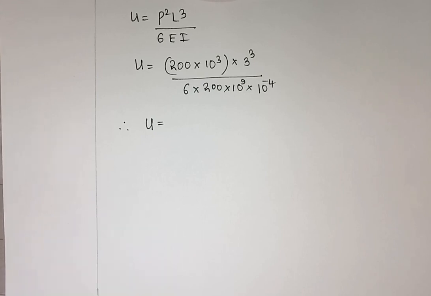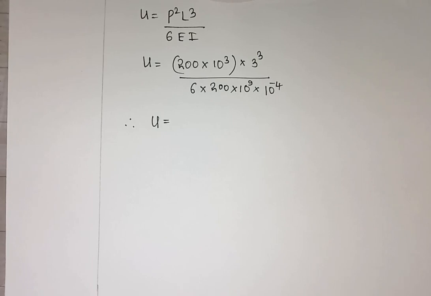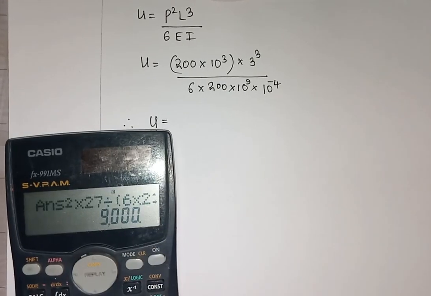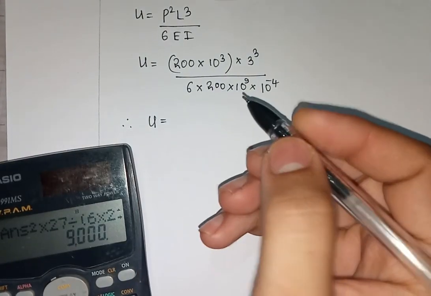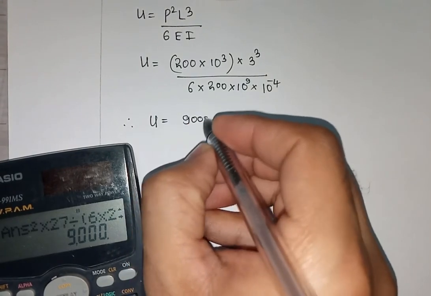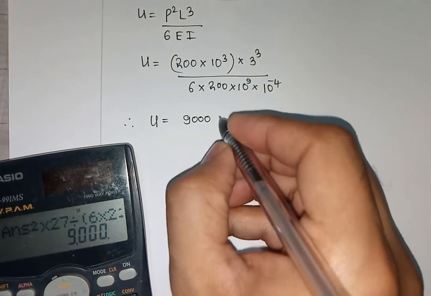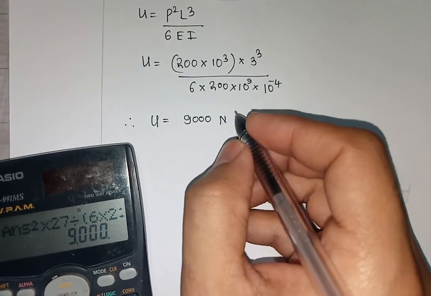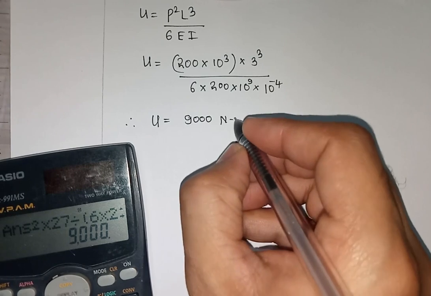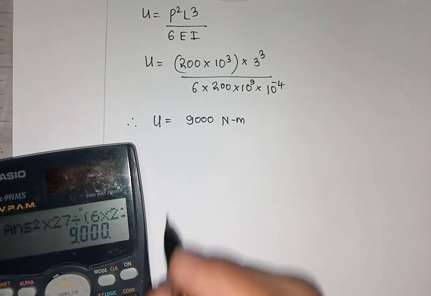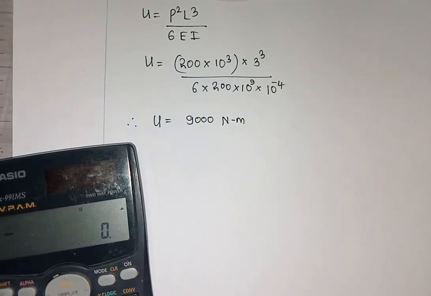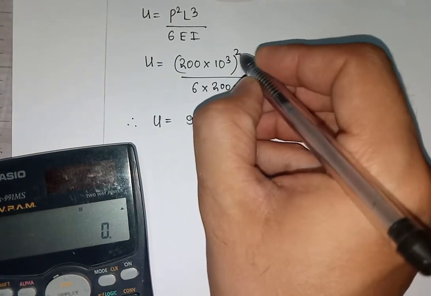So after simplification I am getting the value as 9000. Unit will be Newton meter. Now what mistake I had committed is I need to take it as a square.